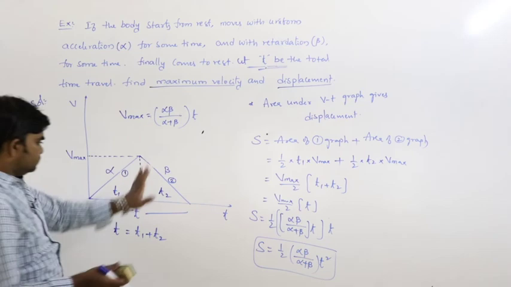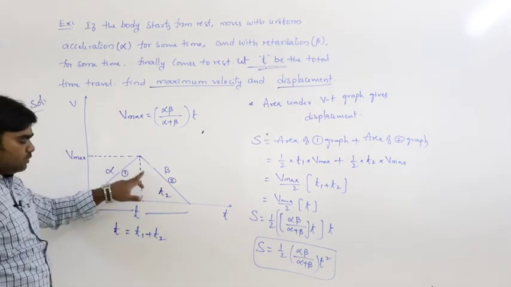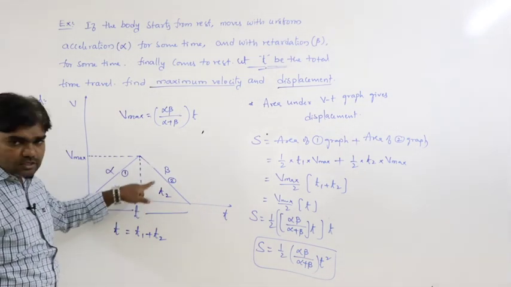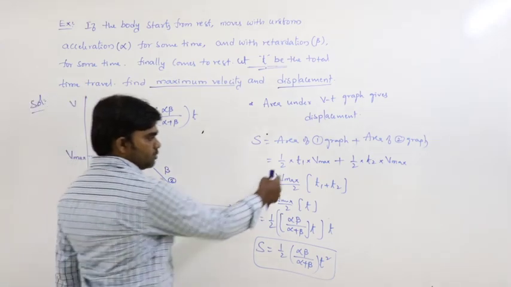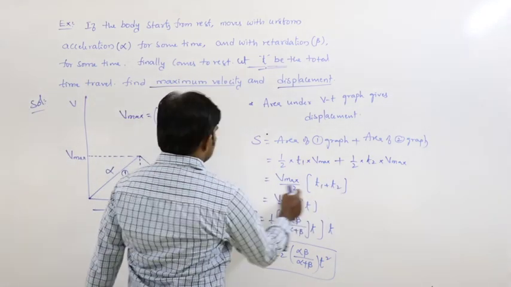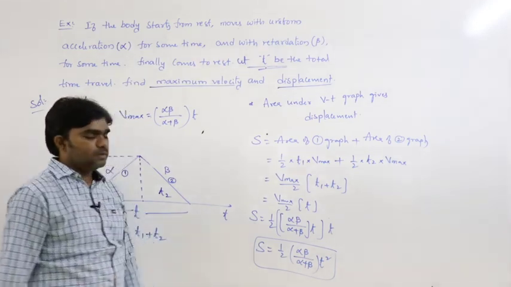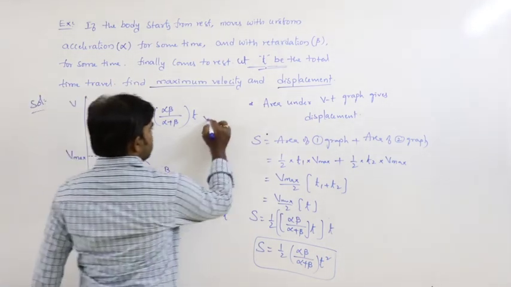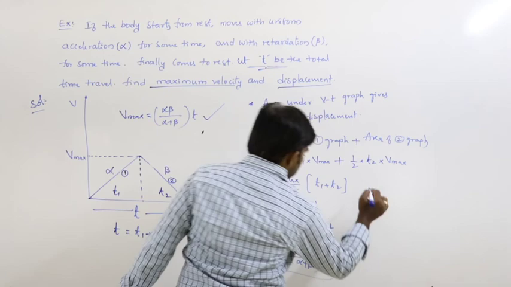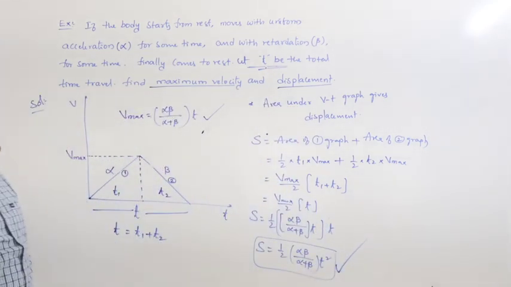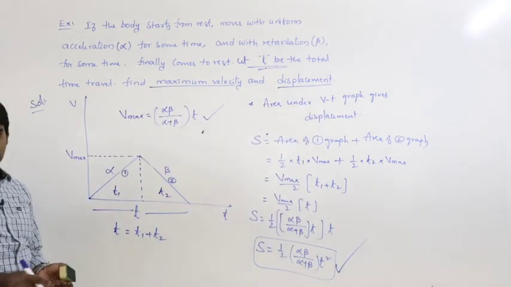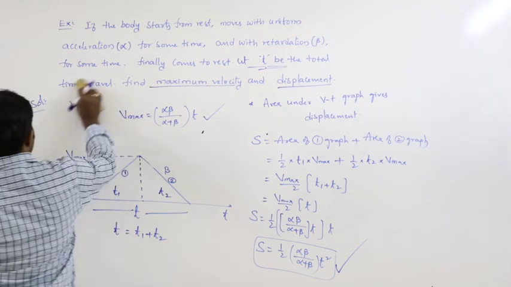Each is a triangle, half into base into height. So Vmax by 2 is common, times t1 plus t2, and t1 plus t2 is nothing but t. So that is the displacement. This is the maximum velocity and this is the displacement. So this is one condition for this. So next.